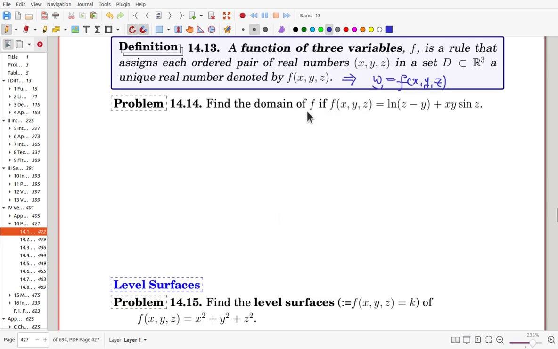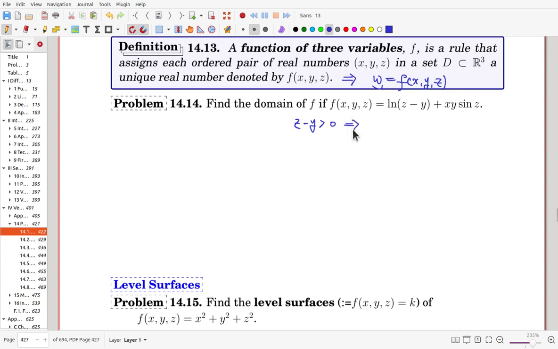Find the domain of f once f is defined in this way. Okay. For this one, the logarithm accepts only positive numbers. So z minus y must be positive for this portion. For every x, y, z it is well defined.